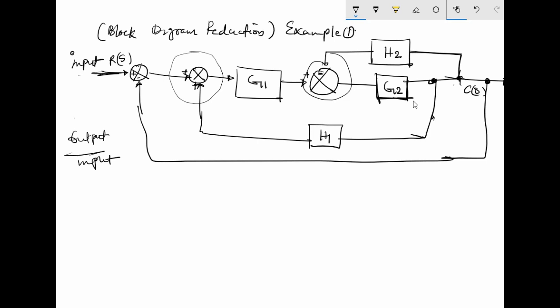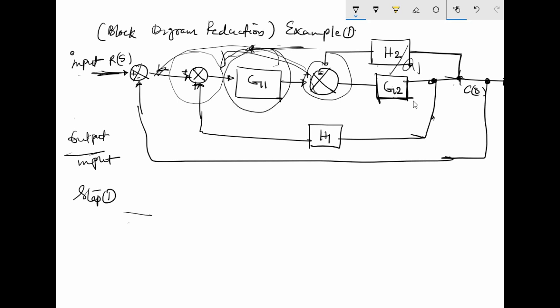So the first step one which I will be using is I will take this block here can be taken here. So to take that here, when you're moving a block towards your left, you have to divide by G1 or whichever transfer function is here.